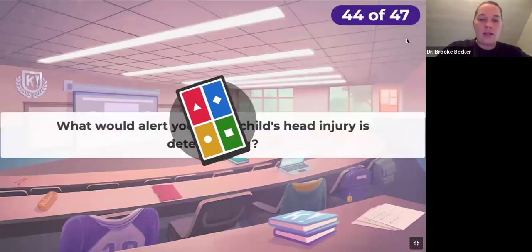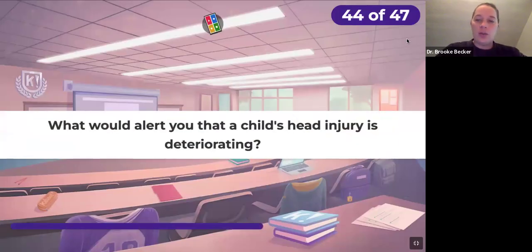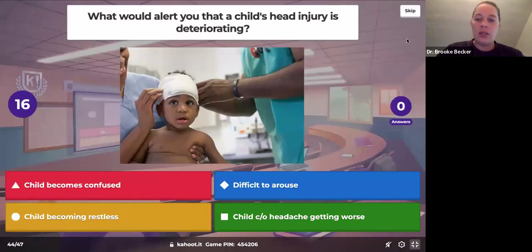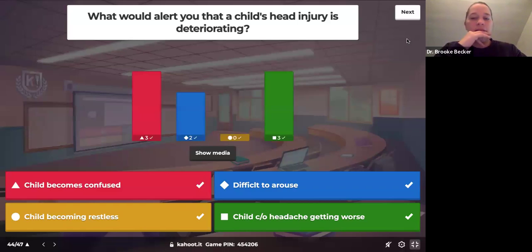All right, multiple select. What would alert you that a child's head injury is deteriorating? The child becomes confused, difficult to arouse, becomes restless, or the child's complaining of headache getting worse. And this was a multiple select. So all of those. Kids becoming restless is almost always a sign that there's more pressure going on in their brain when they've had a head injury, okay?